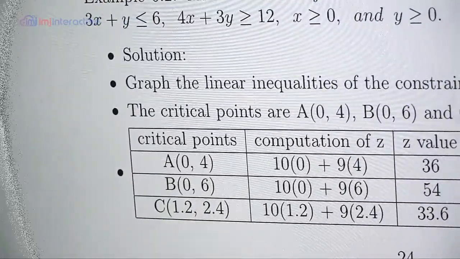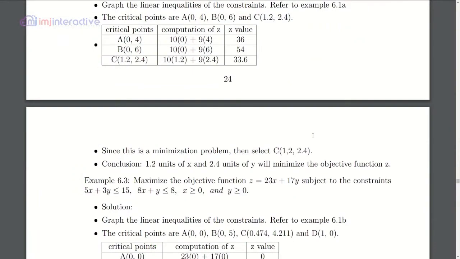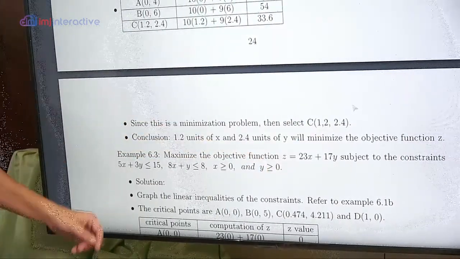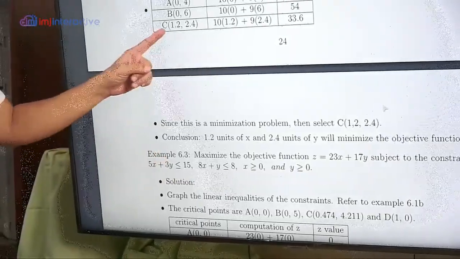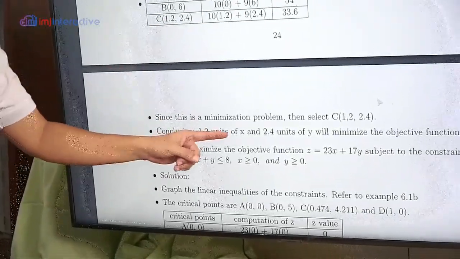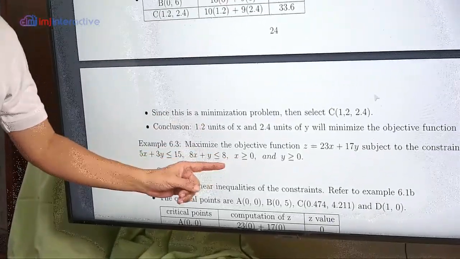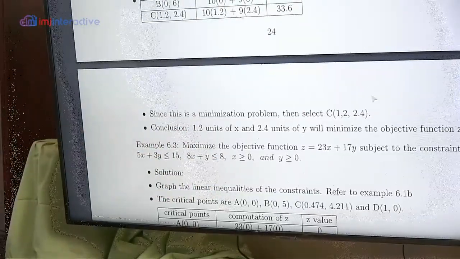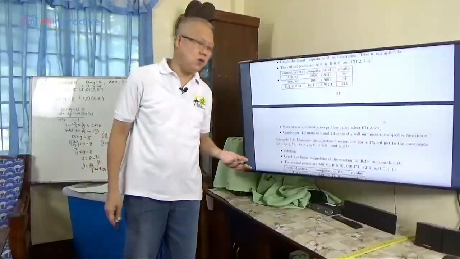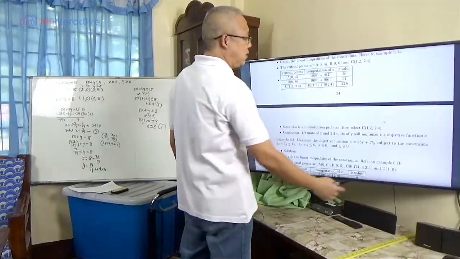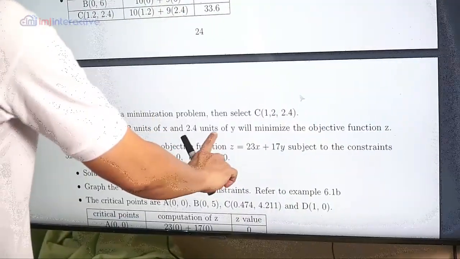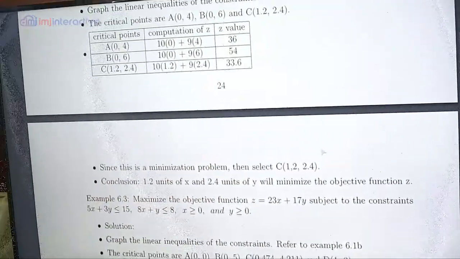Since that is a minimization problem, the lowest value is 33.6. So this is your answer, 1.2, 2.4. Conclusion: you have to produce 1.2 units of x and 2.4 units of y to minimize the objective function. And how much is the minimized cost, if that is a cost? The minimum value is actually 33.6.